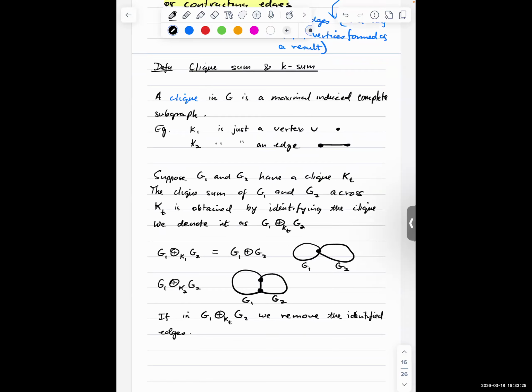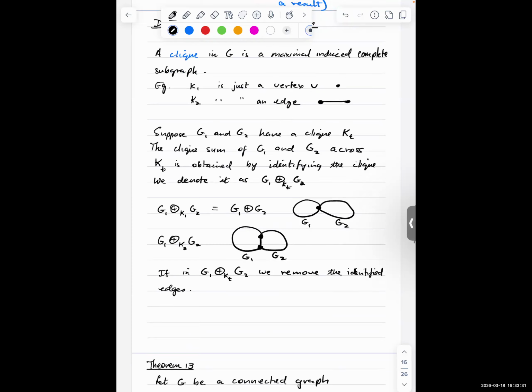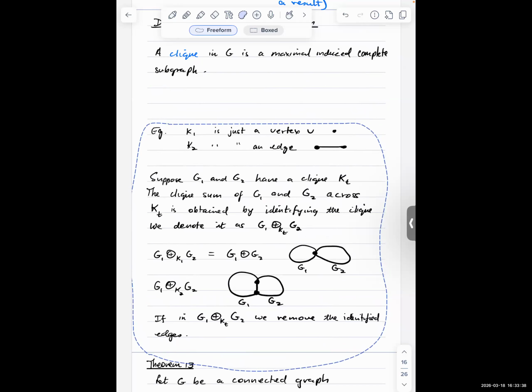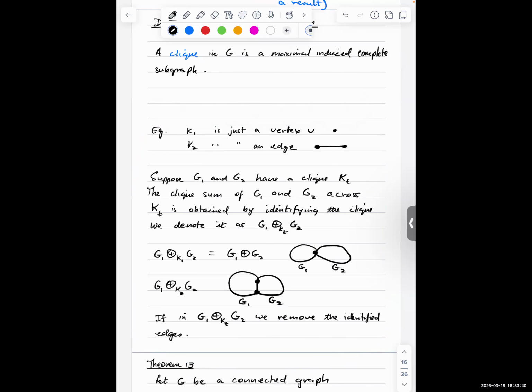So a clique in a graph is a maximal induced complete subgraph. I don't have an example here, so let's look at one. Suppose I have this as my graph. What's the largest clique here?